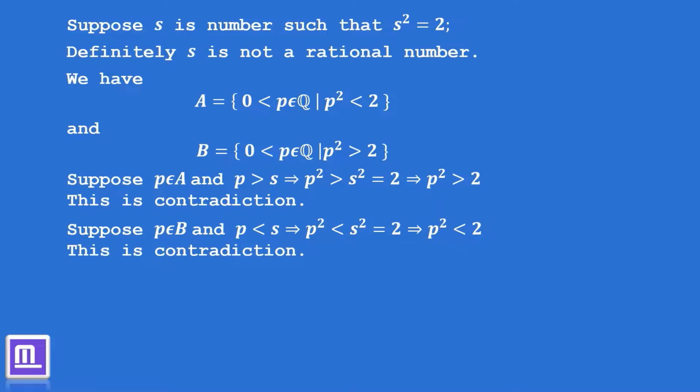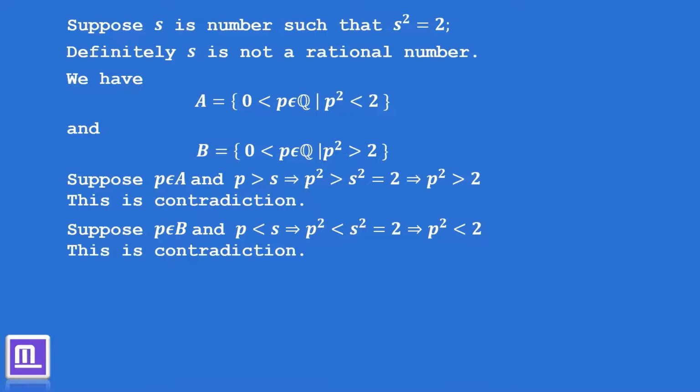Now take an example element of A, say 7 by 5. Squaring gives 49 by 25, whose value is 1.96, which is almost equal to 2, not equal, but very near to 2.